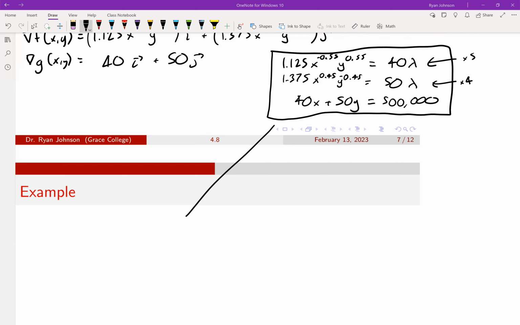Okay, so 1.125 times 5, that's going to be 5.625.